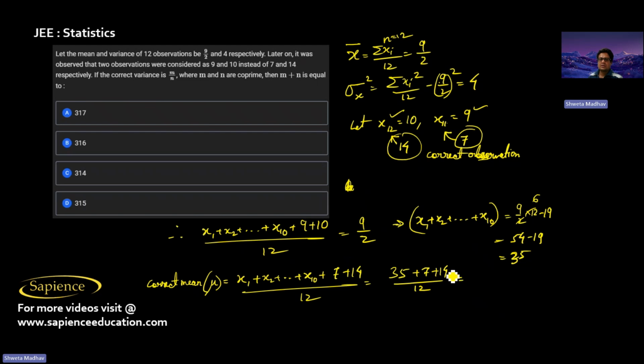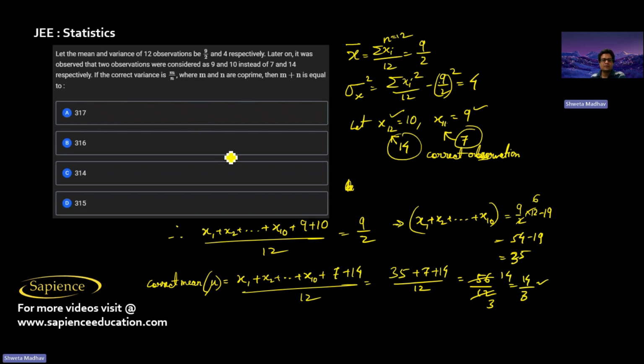So 35 plus 21 is 56 by 12. So 4 3s are 12, 4 1s are 4, 4 2s are 16. So that is 14 by 3. So 14 by 3 is the correct mean.